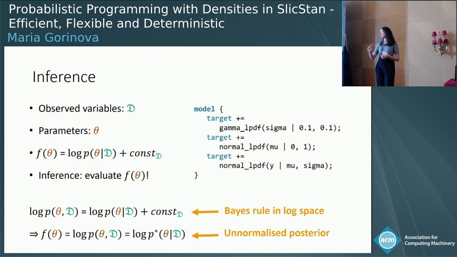And that's exactly what we need to do inference. Now we can evaluate this function many, many times in a particular way in order to sample from the posterior. I'm going to refer to this function f as the normalized posterior, or P star.